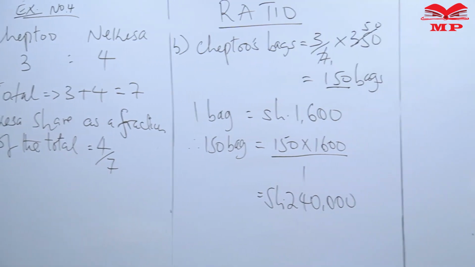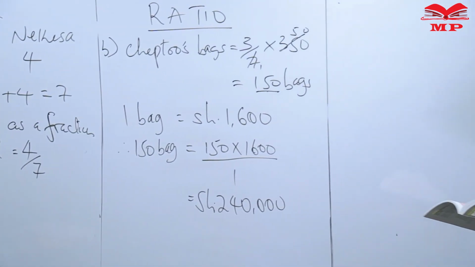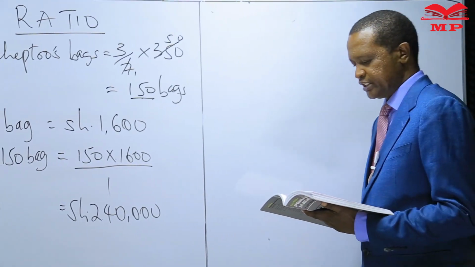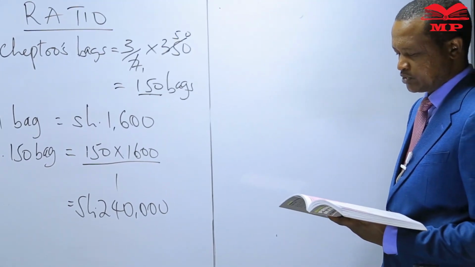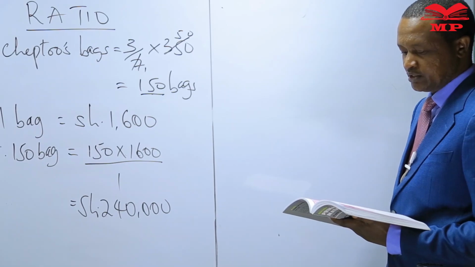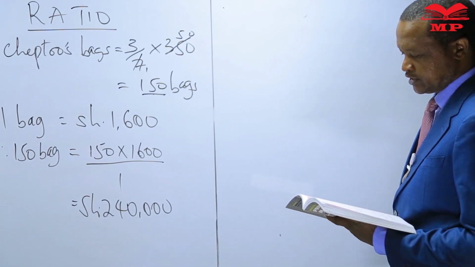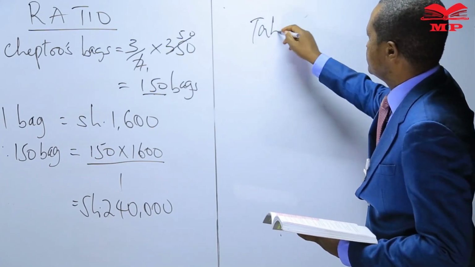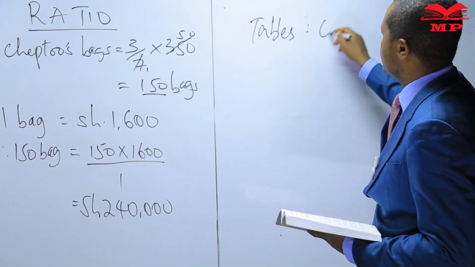I read, in a restaurant, the ratio of tables to chairs was 1 to 3. If there were 13 tables, how many chairs were in the restaurant? In a restaurant, the ratio of tables to chairs.